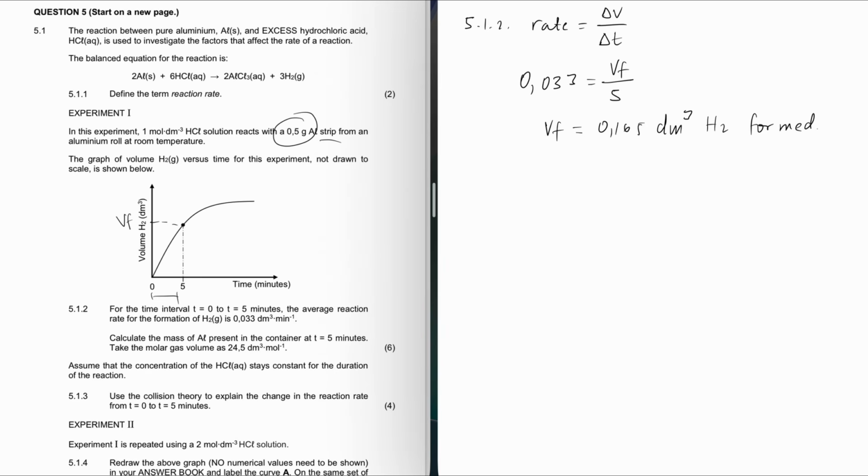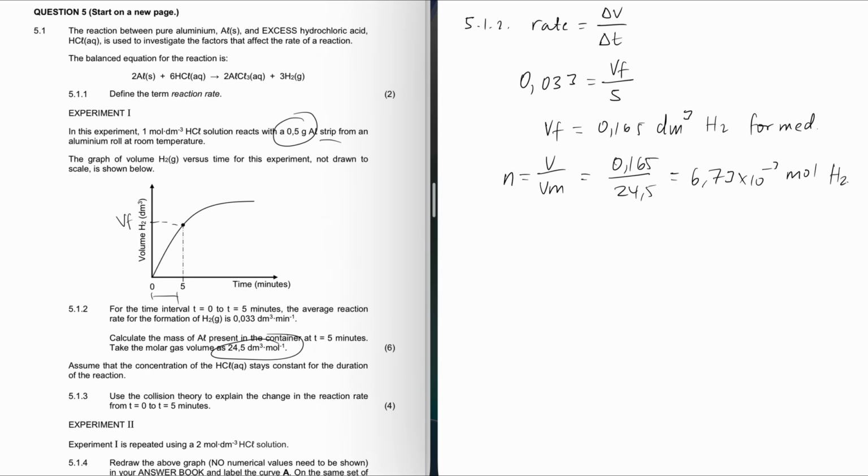Now we've been given the molar gas volume, so we can then convert this to moles. The number of moles is equal to the volume divided by the molar volume. So 0,165 divided by 24,5, and that's equal to 6,73 times 10 to the minus 3 moles. And again, this is of H2.